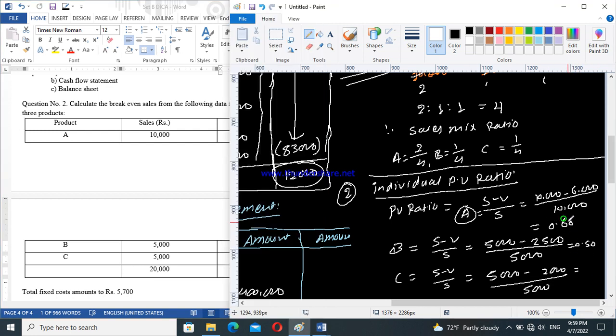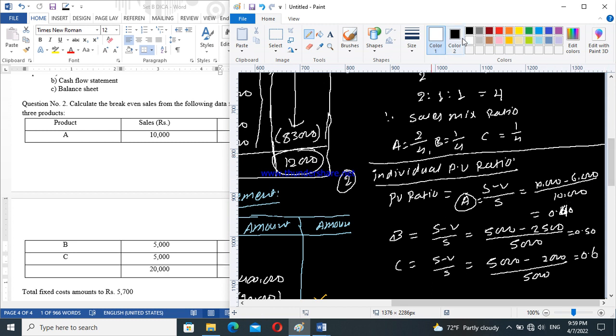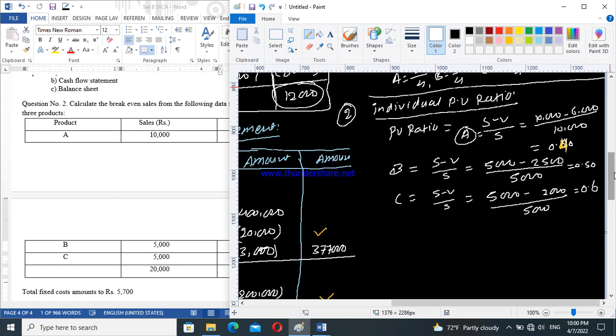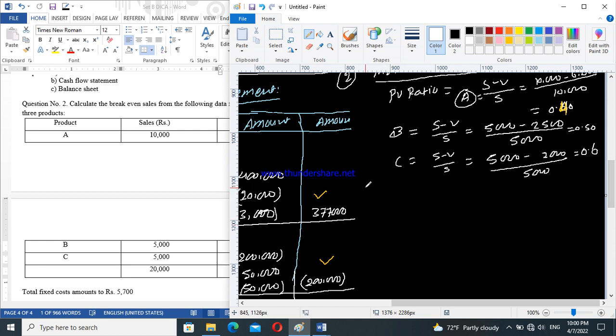Sorry, this one is 0.4. You can correct this information. Okay, and next, third step.